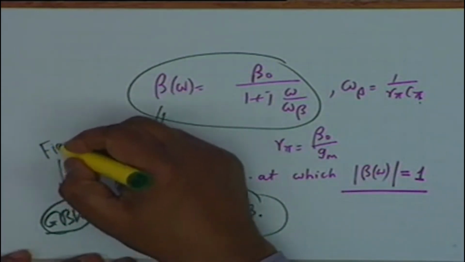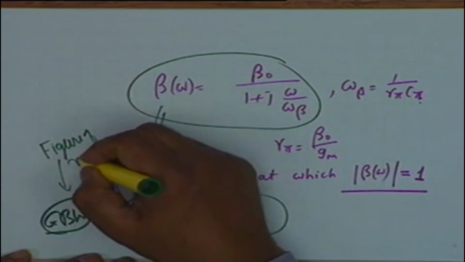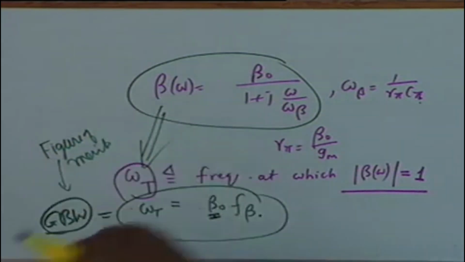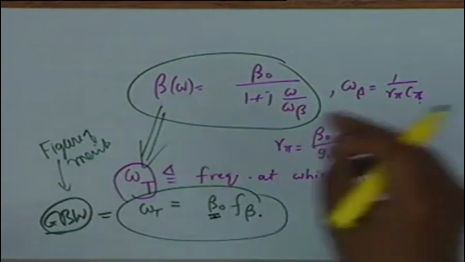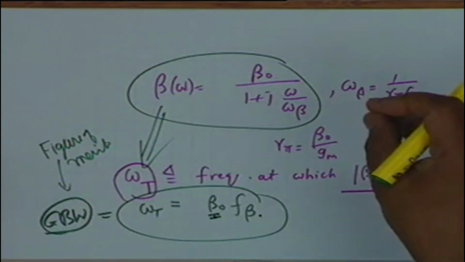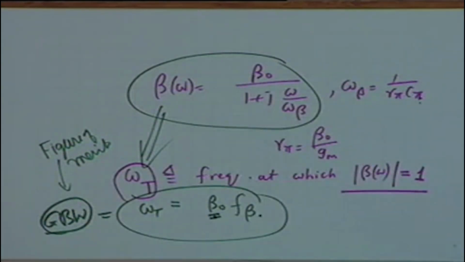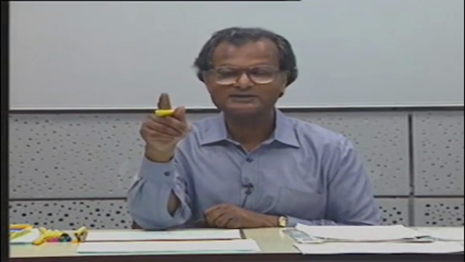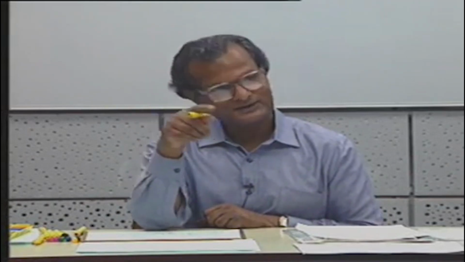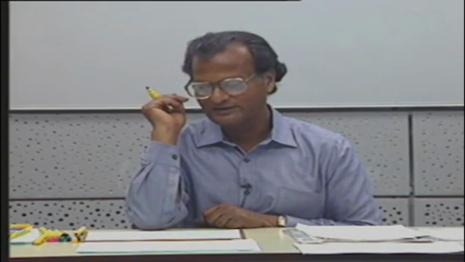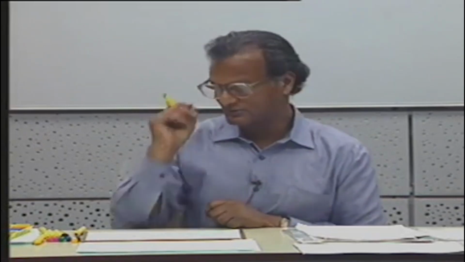They also call it the figure of merit of a transistor. That can be understood. If you have two transistors in which F_t is 1 megahertz and 10 megahertz, and you want to make a system at 5 megahertz, naturally you will choose the 10 megahertz one. That transistor is more meritorious than the 1 megahertz one. Alright, with this we conclude today.